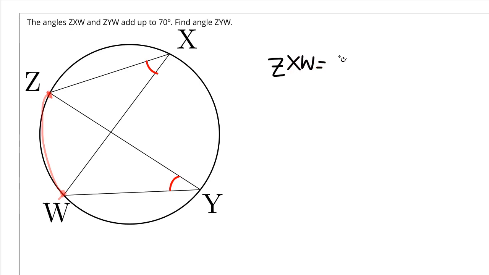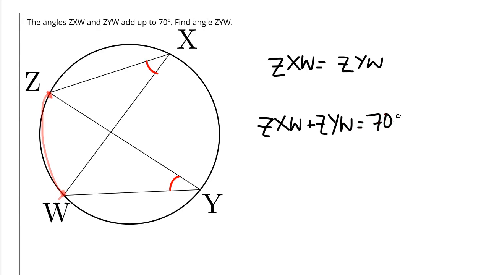ZXW is equal to ZYW. And we're told that they add up to 70, so ZXW plus ZYW is equal to 70 degrees. We can substitute ZXW for ZYW here, so we end up with ZYW plus ZYW is equal to 70 degrees.